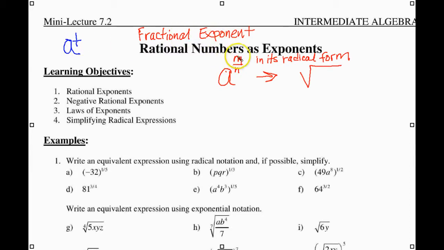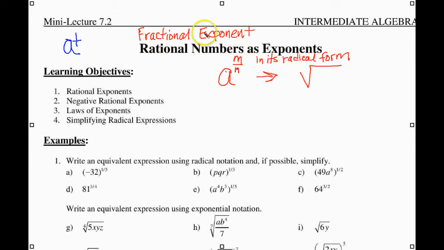So we're saying that in many cases, this denominator is not going to be a 1, because if it's a 1, we don't consider it a fraction. If this is just 1, that's not a fraction.